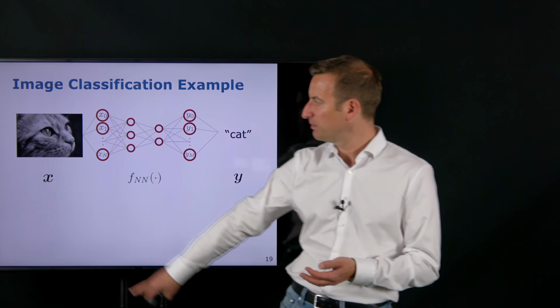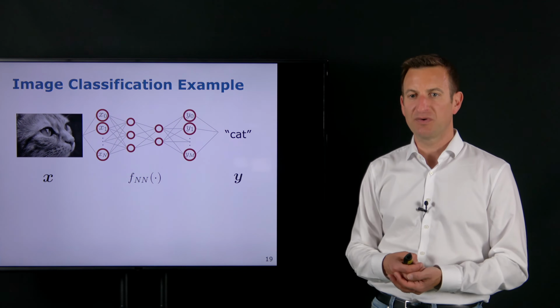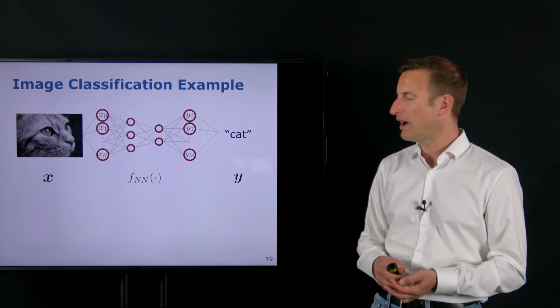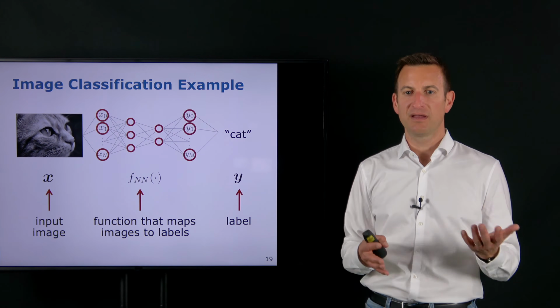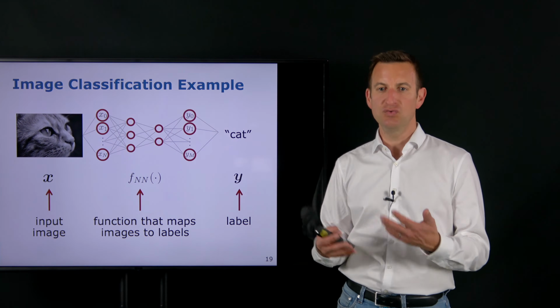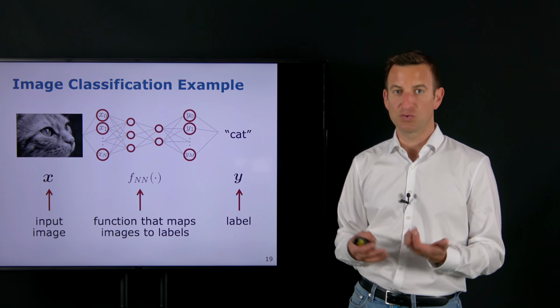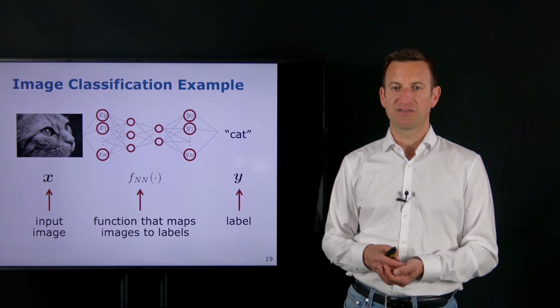X would be my input image. The neural network is my function which performs this classification, and Y should be the output label. So I have an input image, it's X, my function maps images to semantic labels, or to words, so to say, and this is my label cat, for example.